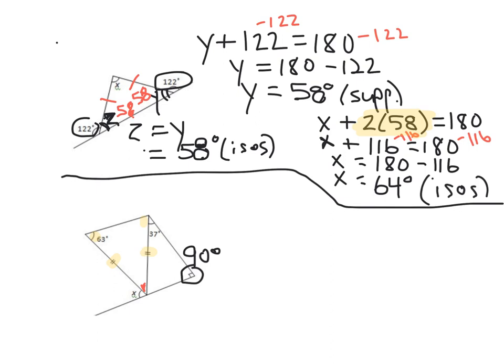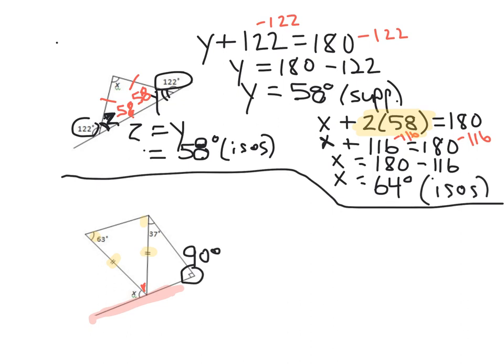So remember that when you are dealing with, because we can isolate this and say, okay, I know this is a straight line, so I know I've got supplementary, but the x has two other angles that it's sharing with. I have no information down here for this supplementary relationship, so I can't do anything with it.